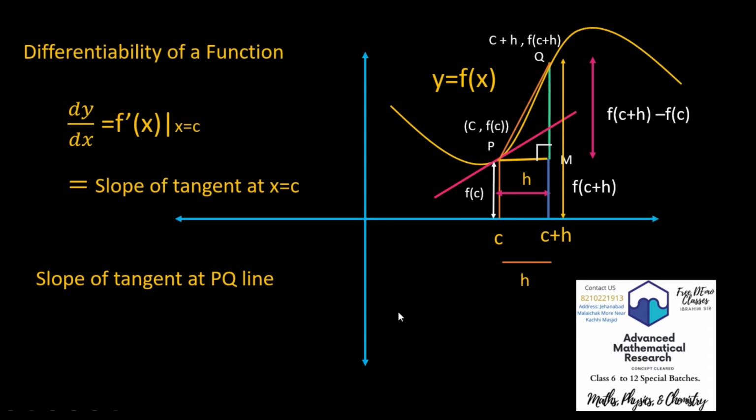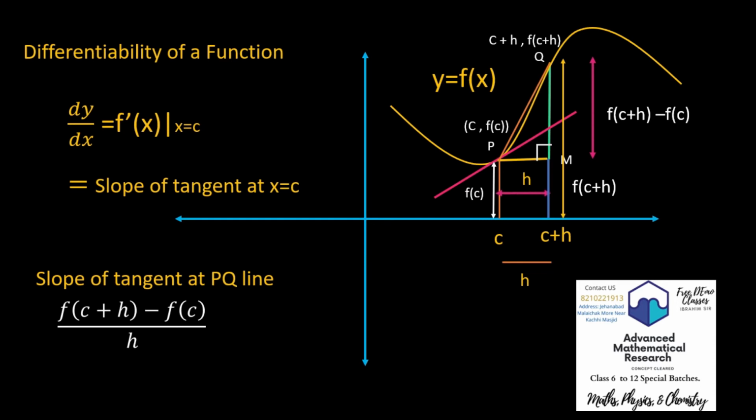So I will write the slope of the PQ line as perpendicular divided by base, that is f of c plus h minus f of c divided by h.